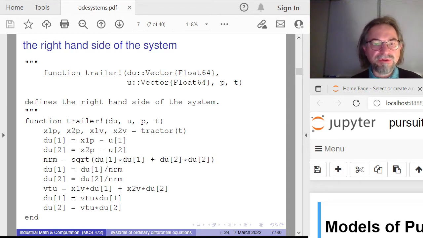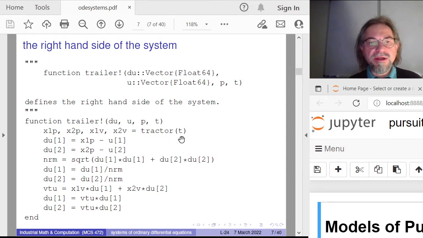So we have our trailer function that calls the tractor. Note that in order to define the right hand side, the trailer must know the current location and the current velocity of the tractor. So here you now see that we are using the time t in the parameter function.